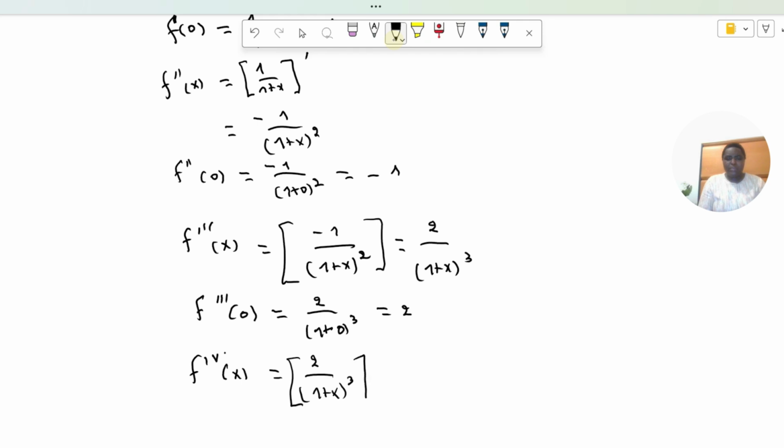Again, when you compute this derivative, you will get minus 6 over 1 plus x power 4. And next, we compute the fourth derivative when x is equal to 0. So this will be equal to minus 6 over 1 plus 0 power 4, which is equal to minus 6.